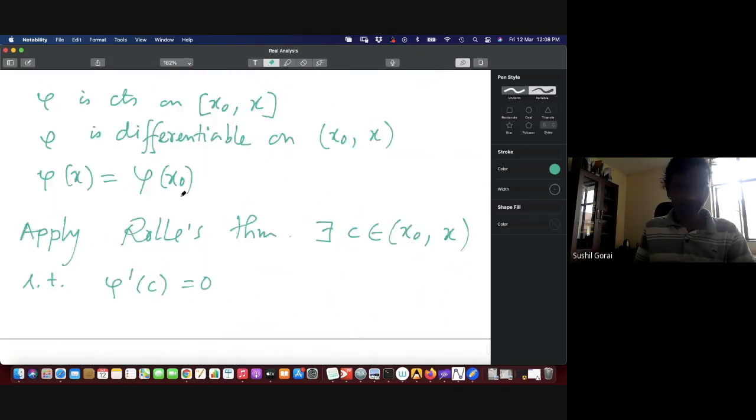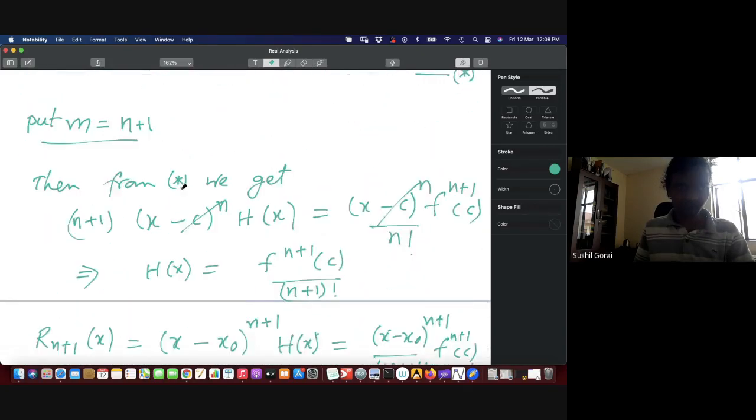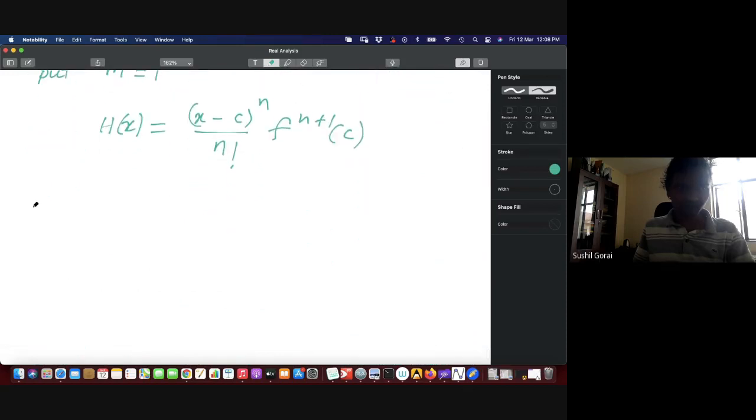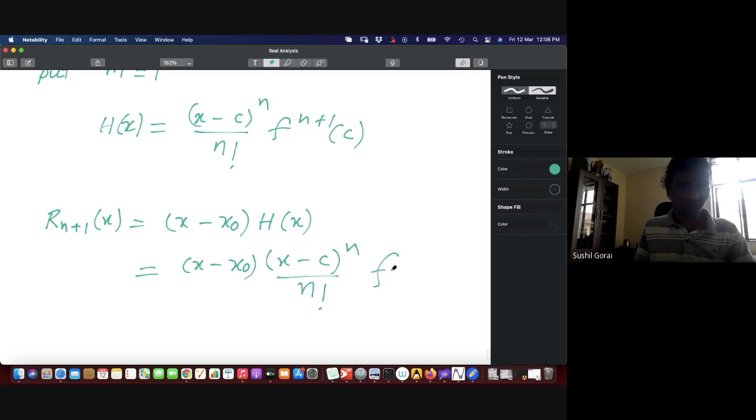So R_{n+1}(x) is (x minus x naught) times h(x), which is (x minus x naught) times (x minus c) power n by factorial n, f^(n+1)(c), right? But this is not the one, right?